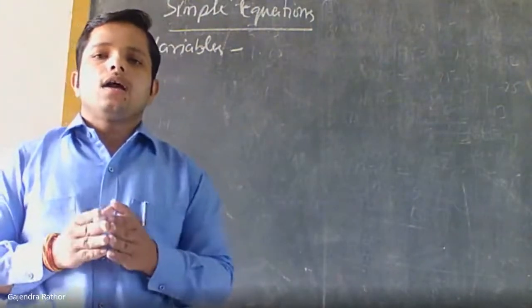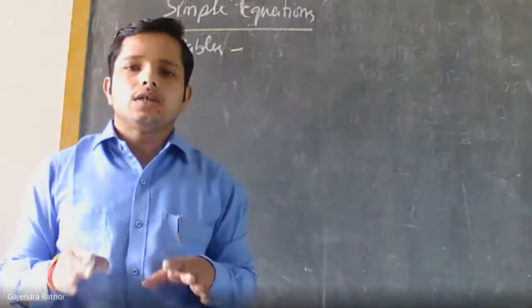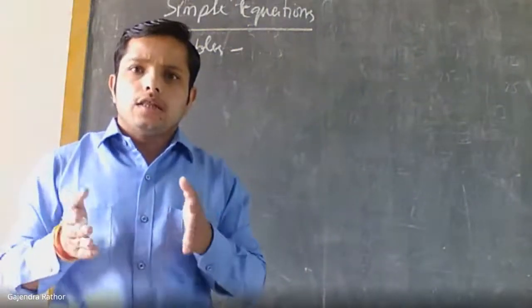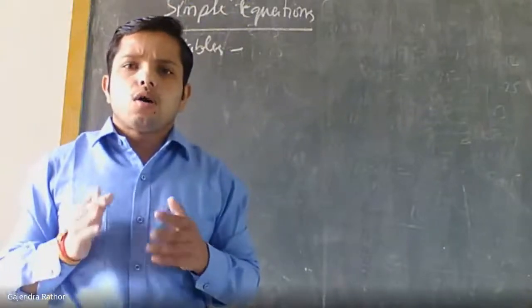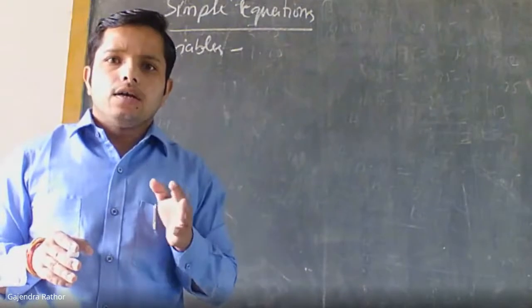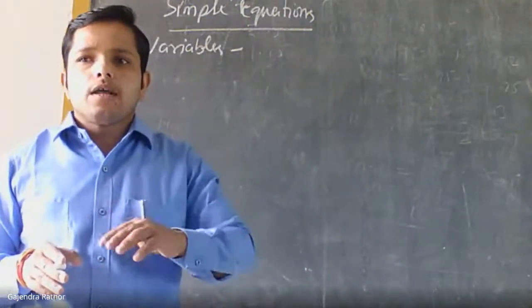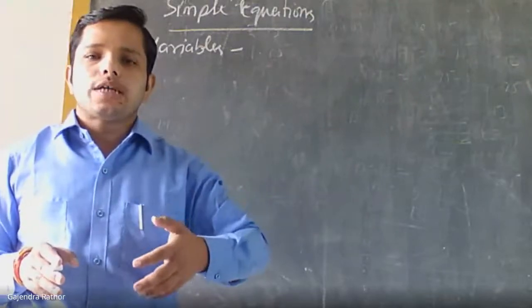Okay, there are two types of value. The first is variables, the second is constant, and they are opposite to each other. Constant means whose value is always fixed, and this value will never change. While variables are the opposite of the constant.